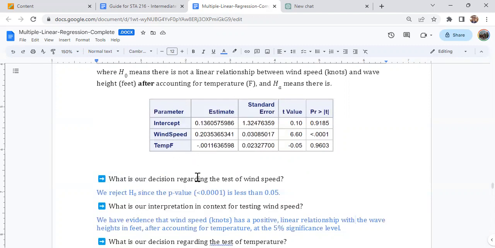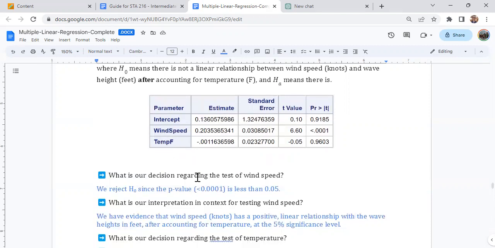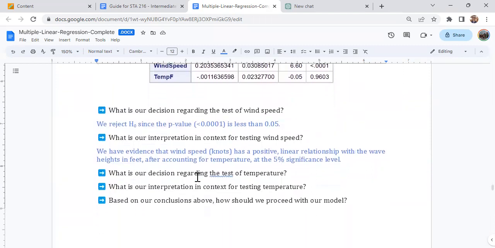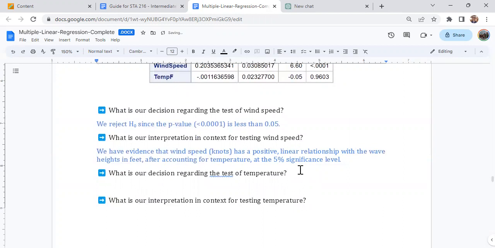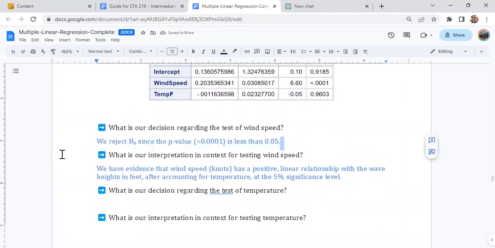And we can go through the same test for temperature. So let's see. Let's start with just pasting this.